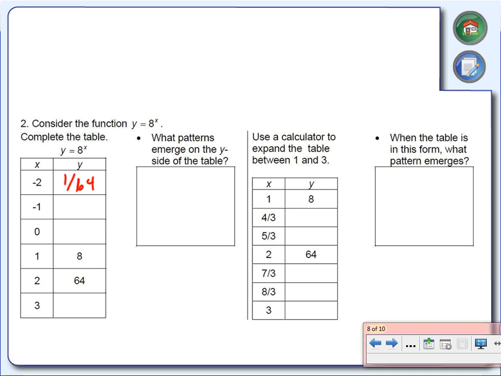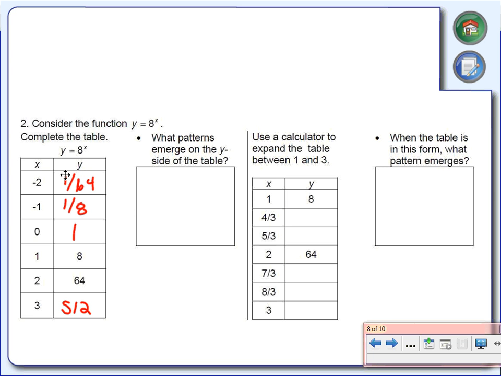Next to -1, what do we see? 1 over 8. 0, well, we said earlier, anything raised to the 0 power is a 1. 8 to the first power is 8. 8 squared would be a 64. And 8 to the third power, what is that? What do you see next to the third? 512. 512.